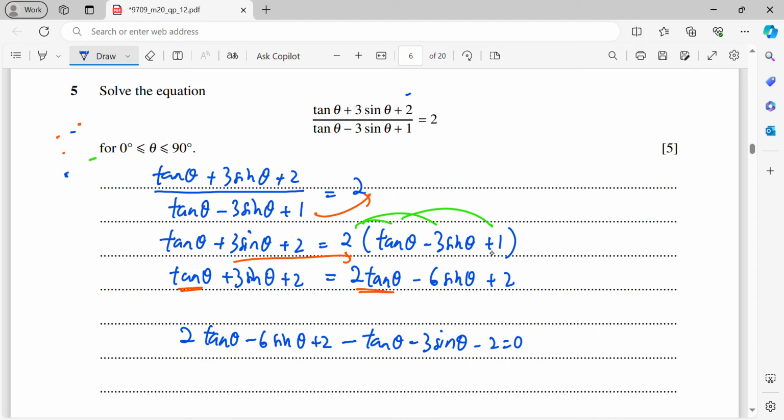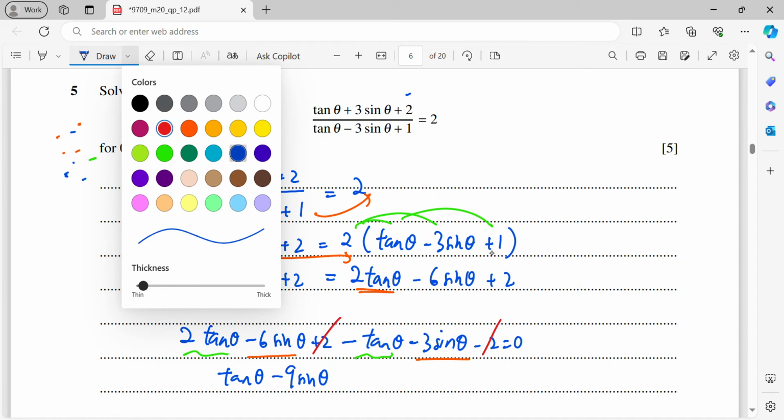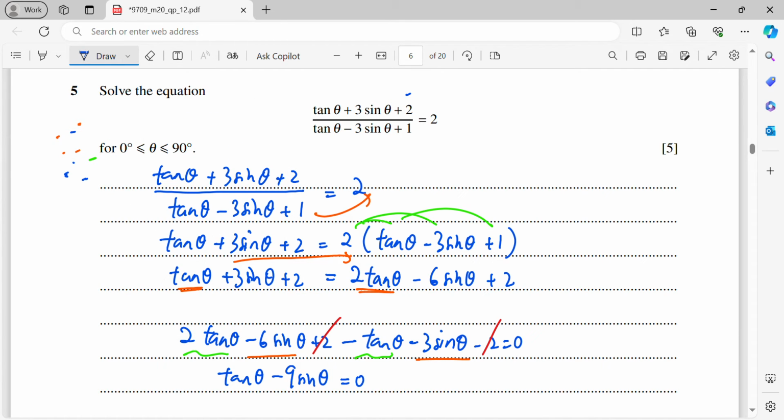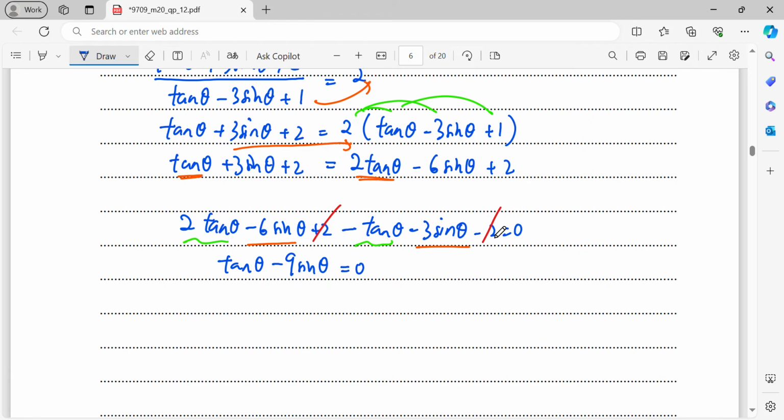So now when you simplify, 2 tangent theta minus 1 tangent theta, that is 1 tangent theta. Okay, then the next one, minus 6 sine minus 3 sine, therefore minus 9 sine. So the plus 2 and minus 2 will be cancelled off. Then I let it be 0. Okay, so you have tangent theta and sine theta.